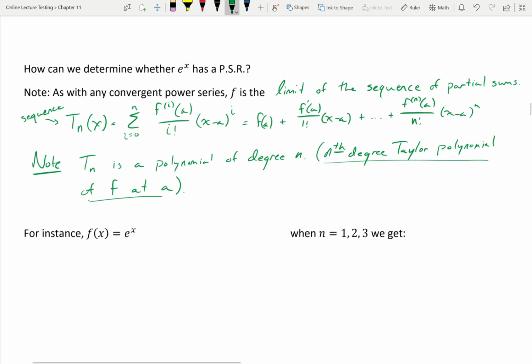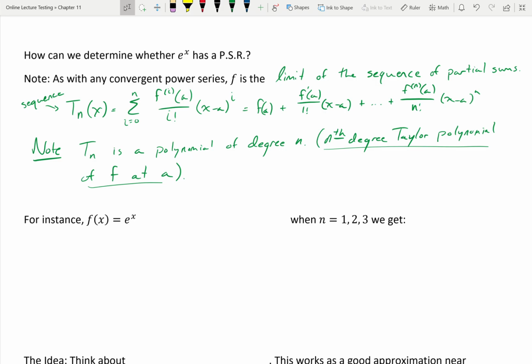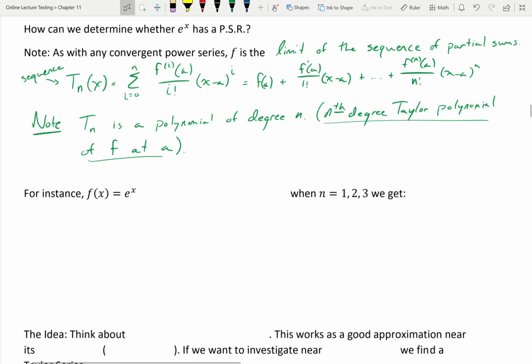So for instance, f of x is equal to e to the x. We get the following. I forgot that I left this big space here, so that big space is not supposed to be there. All right. So if we look at the first degree Taylor polynomial, when n is equal to 1, we get the following.